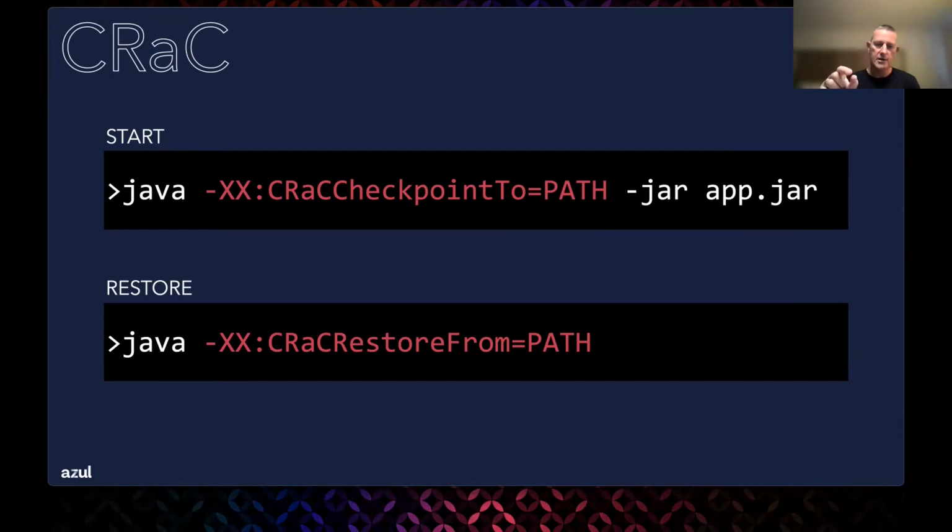So this is just a parameter that we pass to the JVM. And then in case there is a checkpoint, then the JVM knows where should I store these checkpoint files. And when you restore it, you just point the JVM to this folder and say, please restore it from this folder. And then if it finds something there, it will restore it from there. That's the main idea, to start and restore using CRaC.